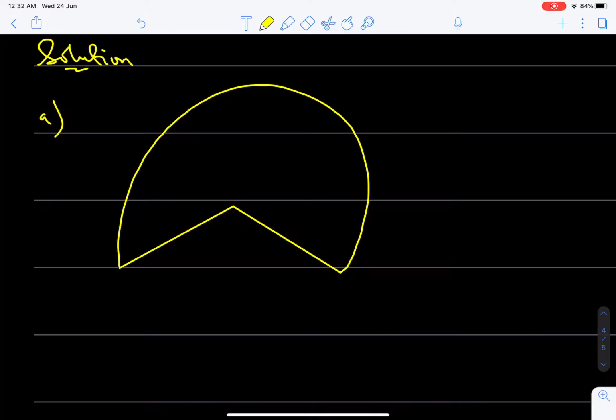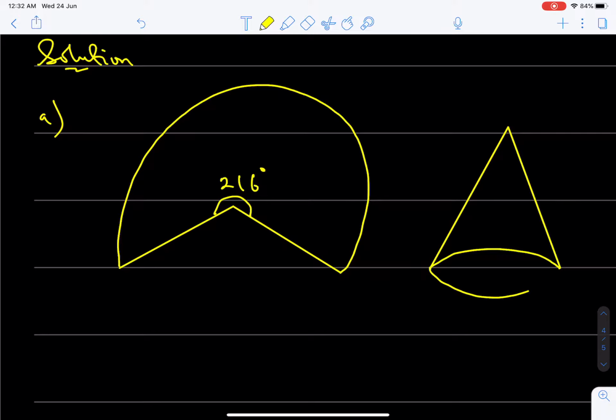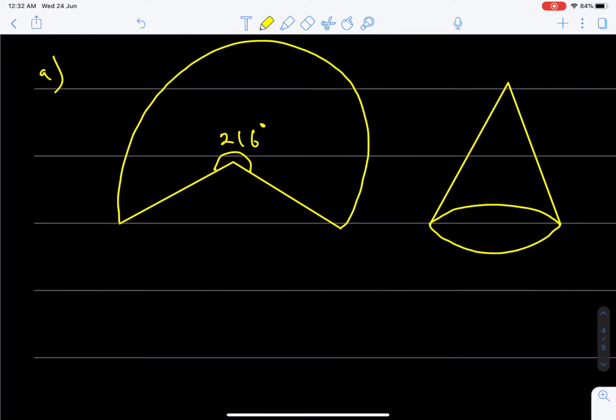Now this is the angle of the sector, 216 degrees, and let's make this the cone that is formed from it. This is a cone into which the sector is bent.